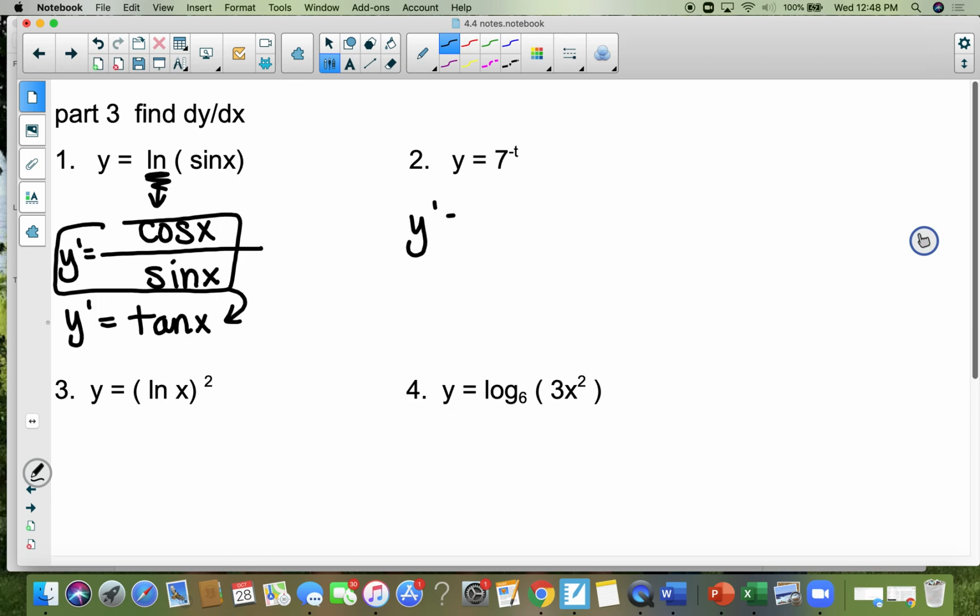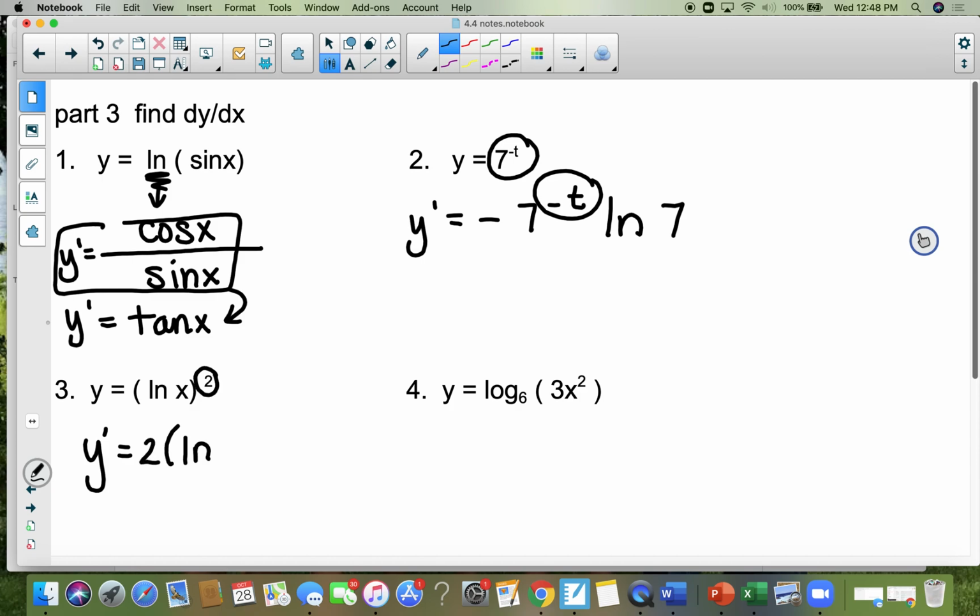Y prime here is, you just copy this down, take the natural log of the base number 7, and then take the derivative of that, which is a negative. Final answer. Okay, the next one, y prime, you're going to take the 2, this is called the chain rule, leave the inside alone, raise it to the first.